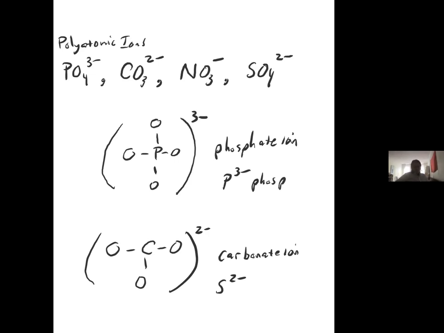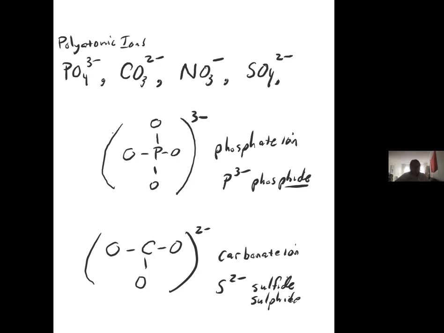If it ends in IDE, most likely it's just one atom. So this is sulfide. For those of you in other parts of the world, we'll do pH. Sulfide. In the US, we do phosphorus pH, but we don't do sulfur pH. Who knows why, right? Anyway, these are called polyatomic ions, and there's a bunch of them out there.